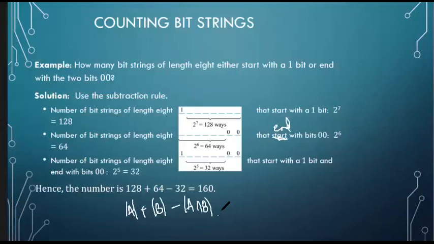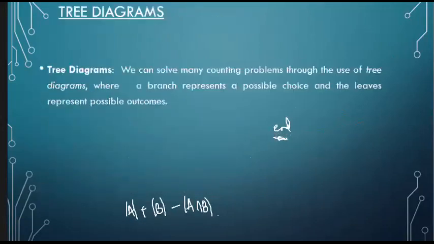Now the next thing is tree diagrams. Why do we require tree diagrams? Counting problems can also be solved using tree diagrams. Whenever in mathematics and computer science we talk about a tree, it consists of a root and a number of branches leaving the root.